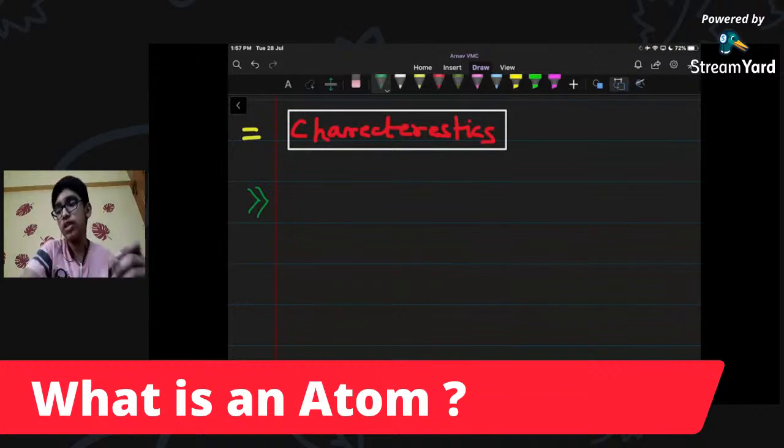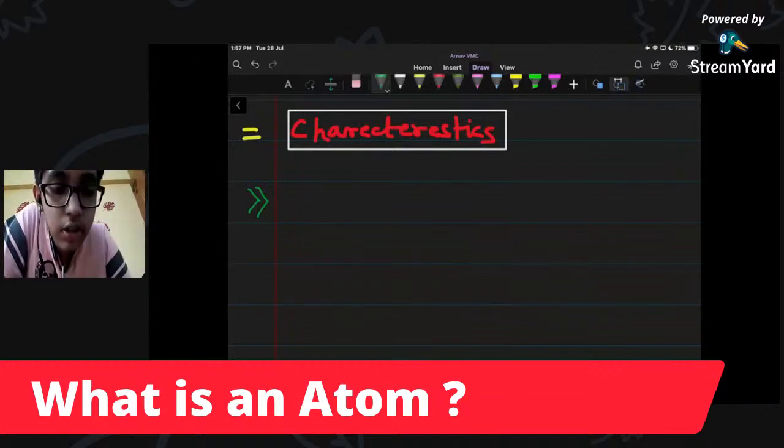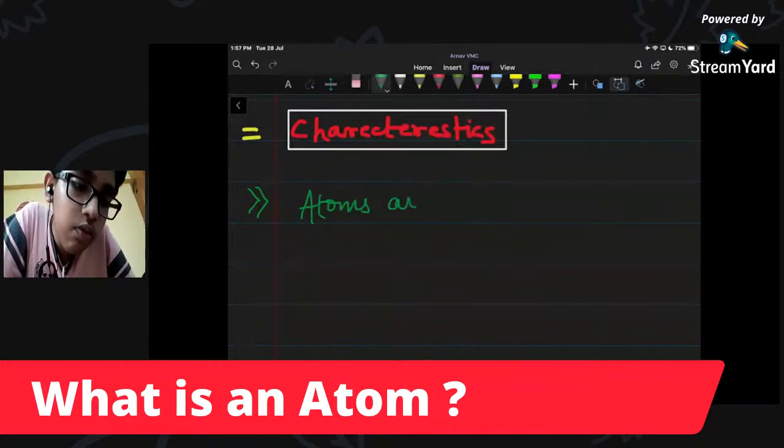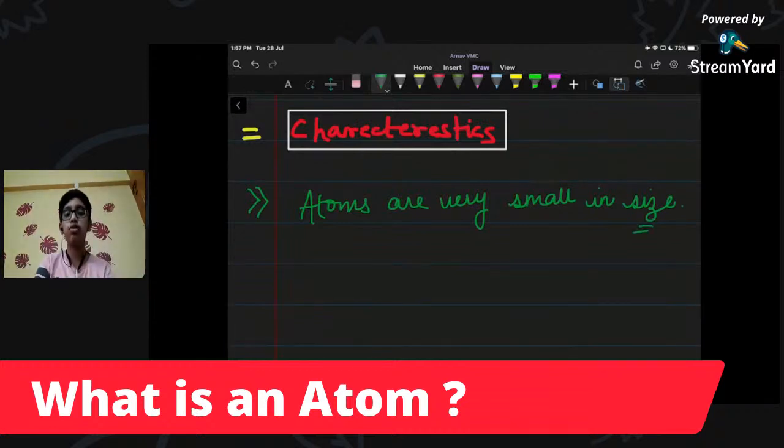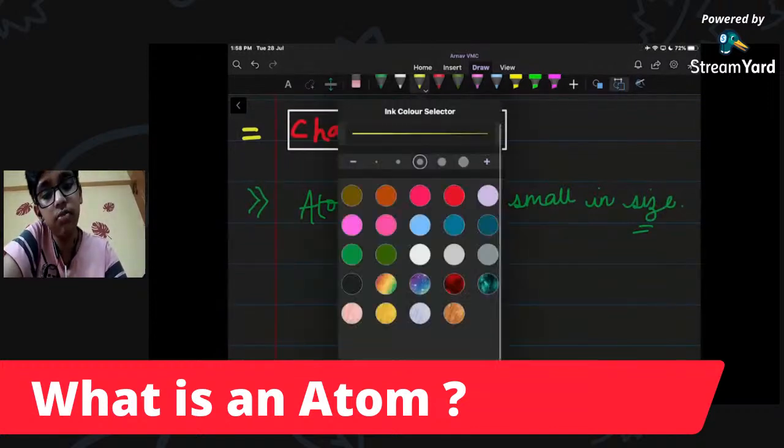The first characteristic is that atoms are very small in size. You all should remember this, atoms are very, very, very small.